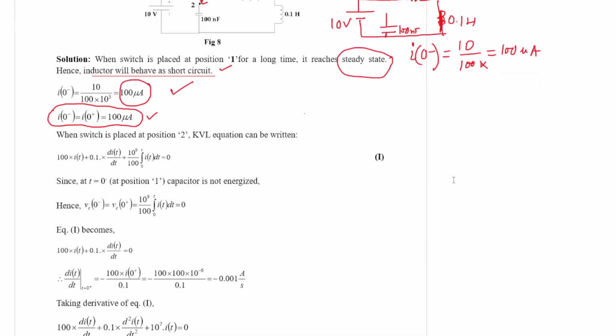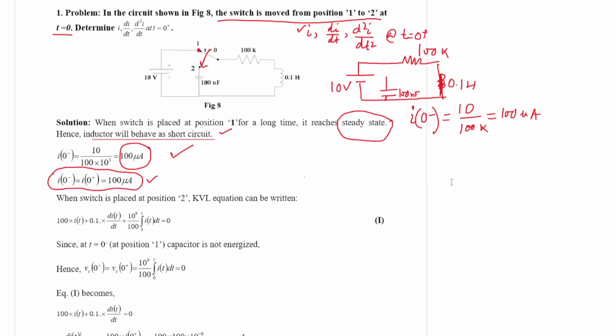Now write down the second equation, the KVL equation. When the switch is placed at position 2, this should be your KVL equation. First of all, the resistance drop, which is 100 into i(t), plus the inductance drop, 0.1 into di/dt.